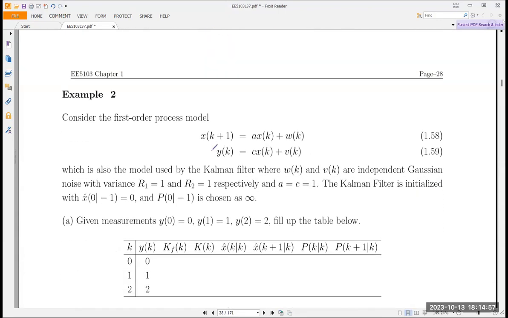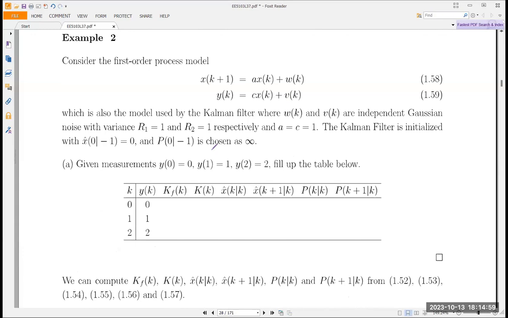So let's put some numbers into the equation so that at least you know how to do the calculation. The first example is to do the calculations. You have measurements: Y0 is 0, Y1 is 1, Y2 is 2.